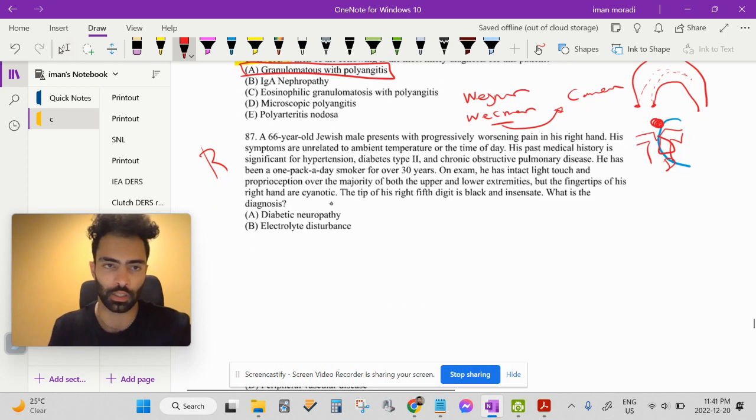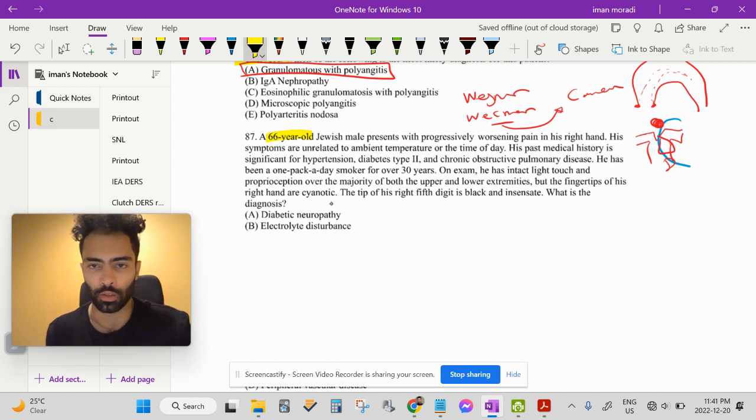This is also a vasculitis question. We got a 66-year-old Jewish guy with pain in his right hand. He's got hypertension, type 2 diabetes, chronic obstructive pulmonary disease, and he's kind of a smoker.